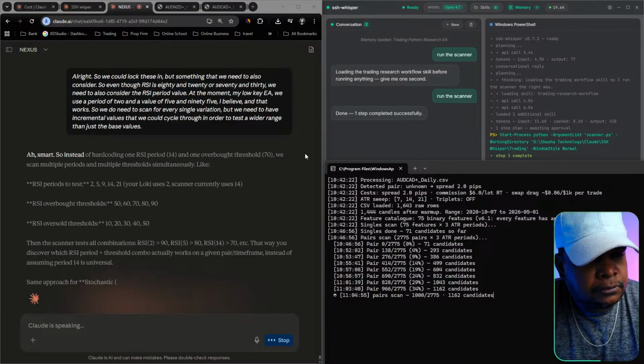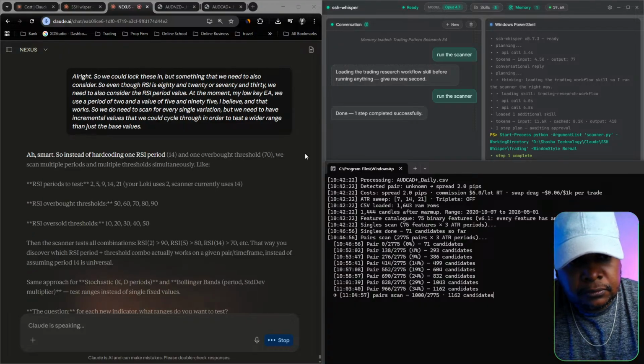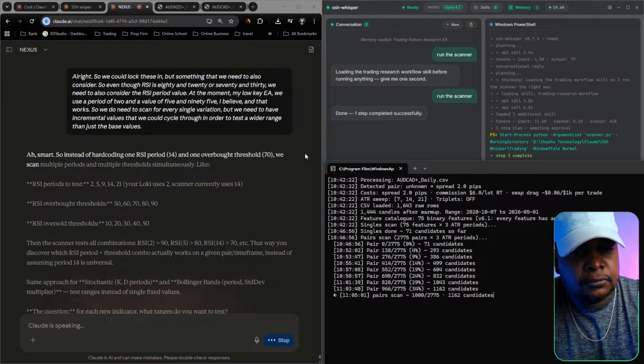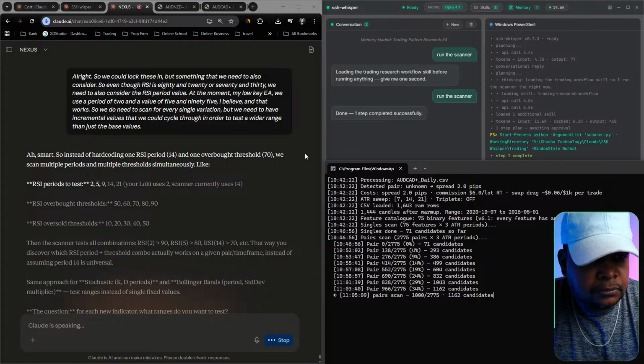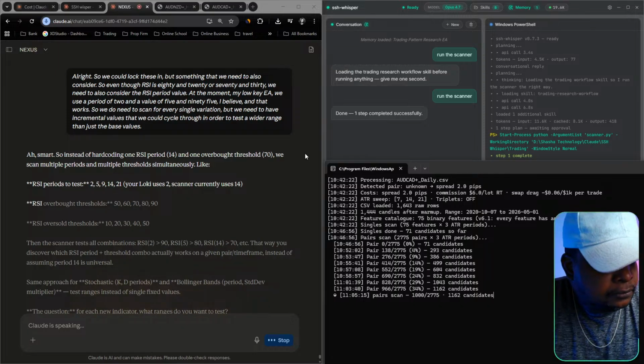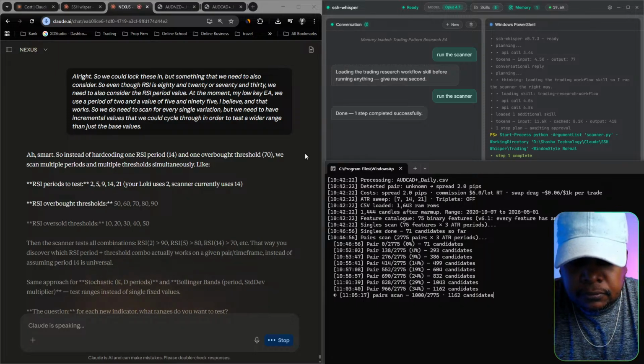Smart. So instead of hard coding one RSI period of 14 and one overbought threshold of 70, we scan multiple periods and multiple thresholds simultaneously. RSI periods to test: 2, 5, 9, 14, 21. Your Loki uses 2, Scanner currently uses 14. RSI overbought thresholds 50, 60, 70, 80, 90.